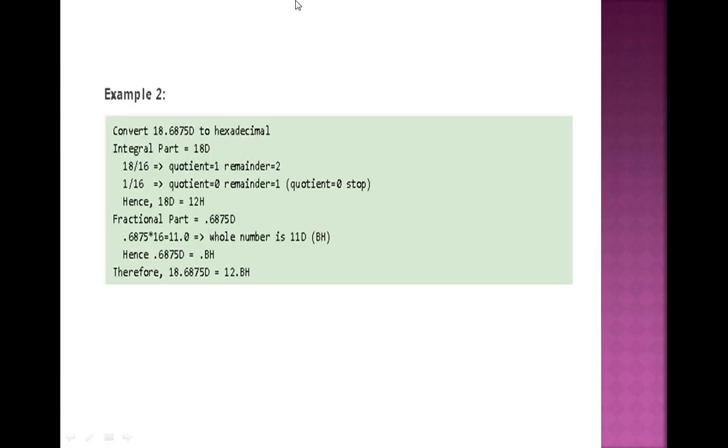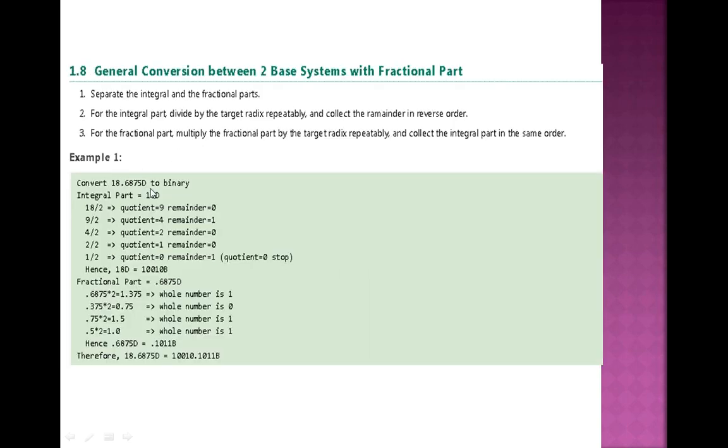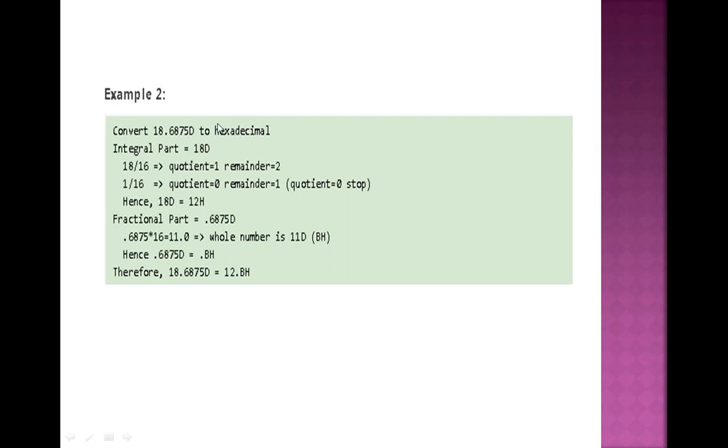Next example, this you have to try: 18.6875, the same example into hexadecimal. In the same way, divide into two parts, the integer part and the fractional part. The integer part is 18D. First of all, divide by 16, because now it is being converted into the hexadecimal number system. 18 divided by 16, quotient is 1, remainder is 2.